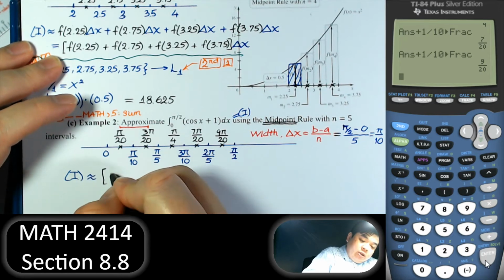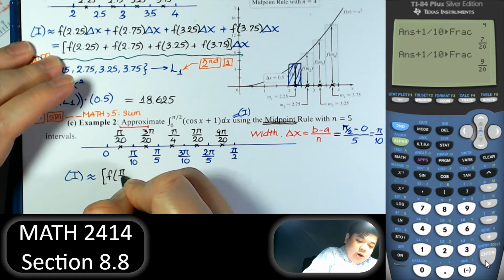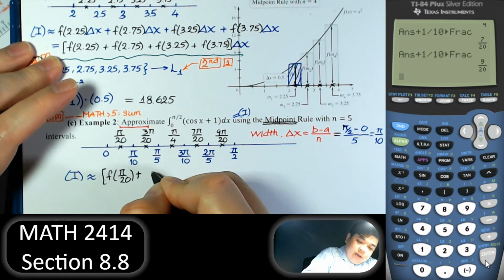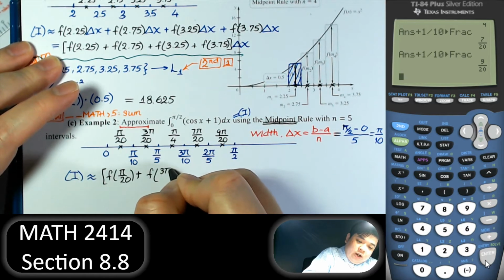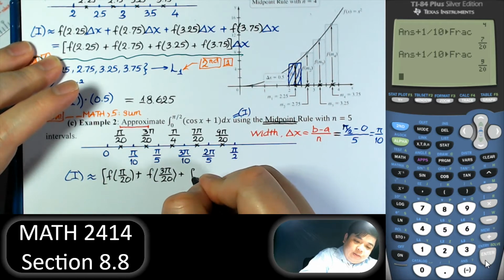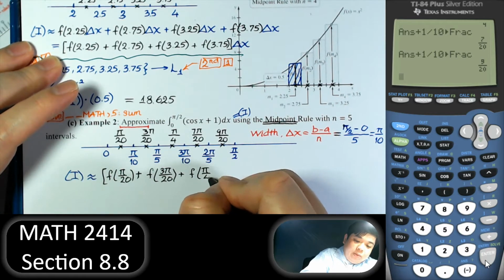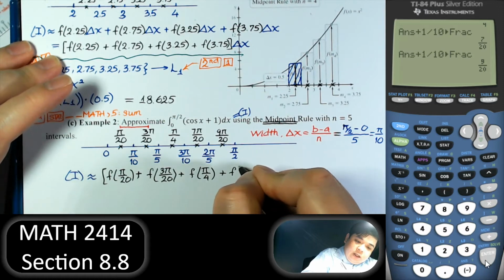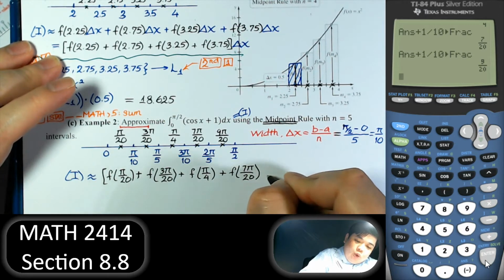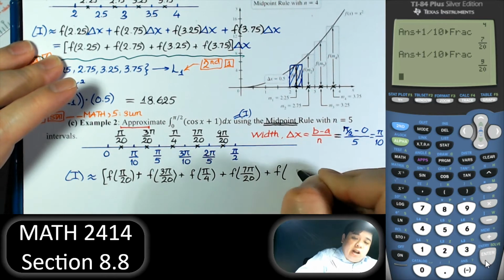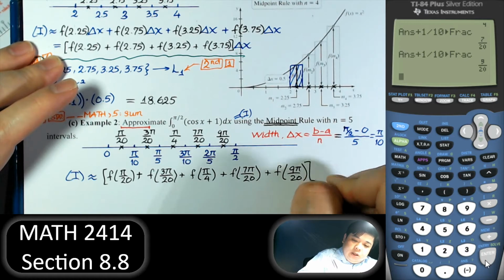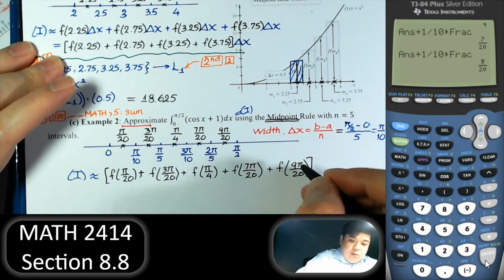So we have the values of pi over 20 plus 3 pi over 20, pi over 4, all the midpoints, and 7 pi over 20, actually there's one more, 9 pi over 20. All that multiplied by the width.